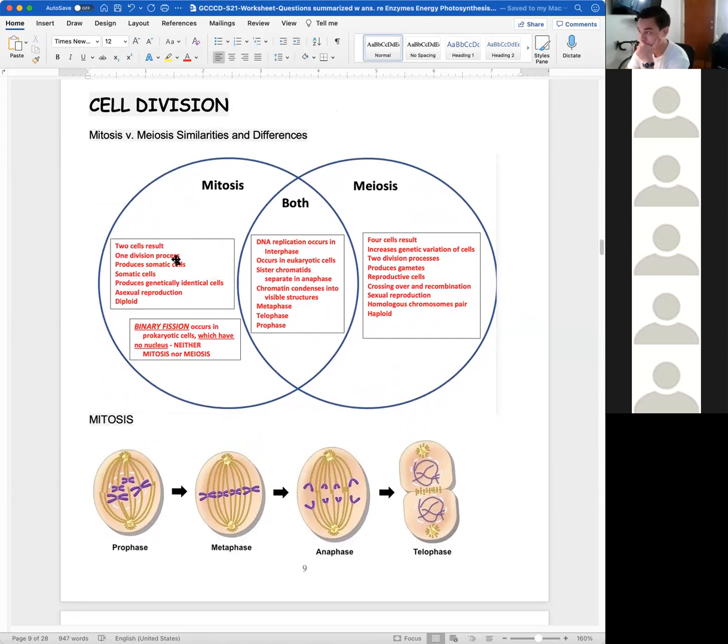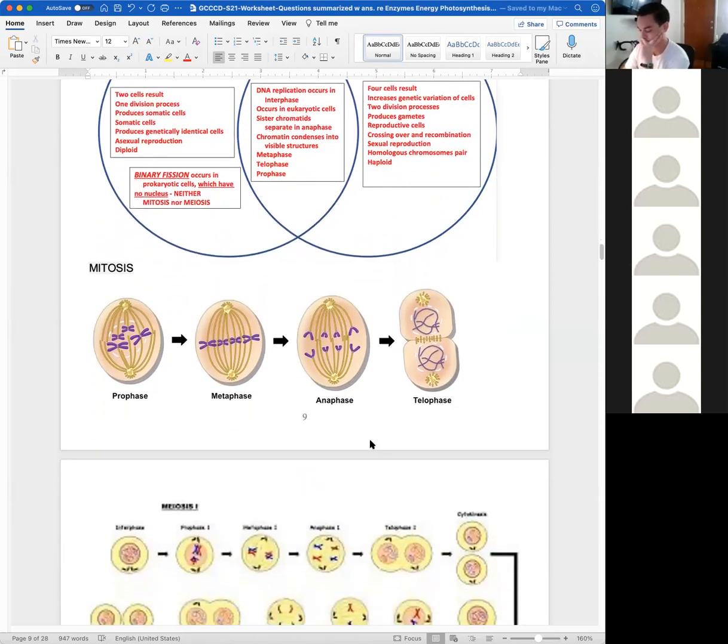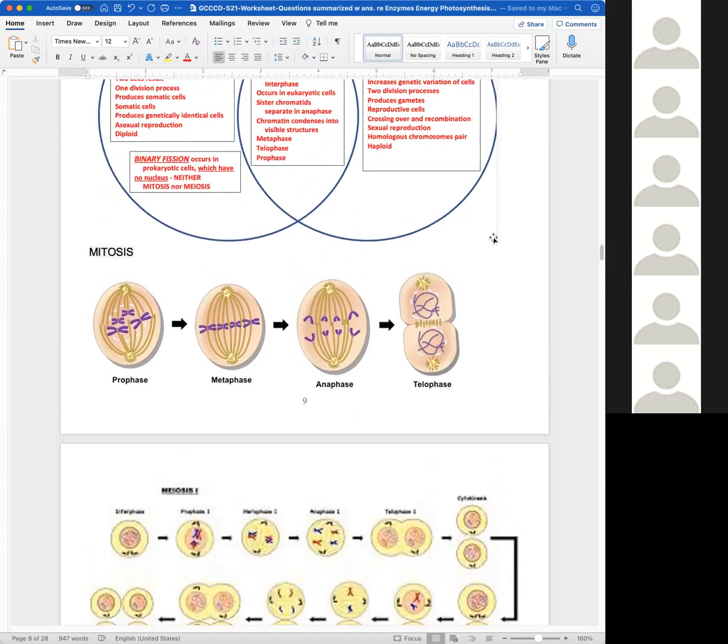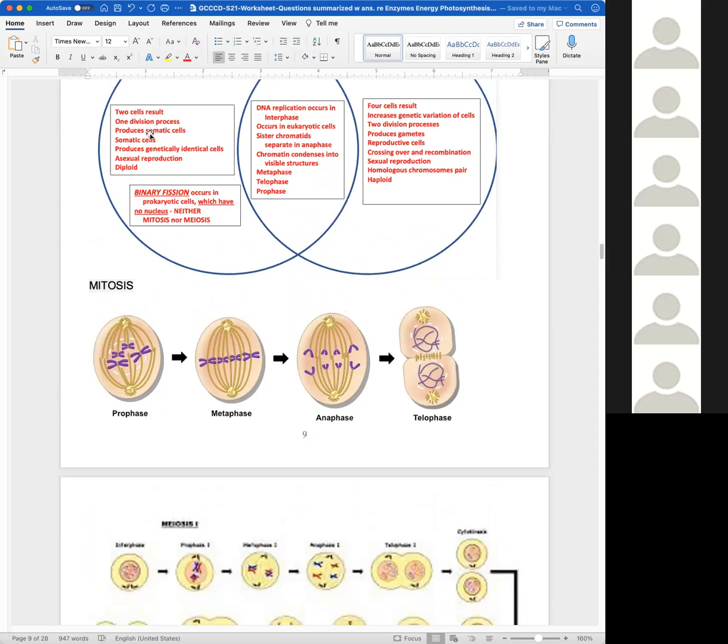So, for example, in mitosis, there are 2 cells that result, whereas in meiosis there are 4. You see that illustrated here. Mitosis ends up with 2 cells. Meiosis, if you go around this entire diagram, ends up with 4. There's 1 division in mitosis.